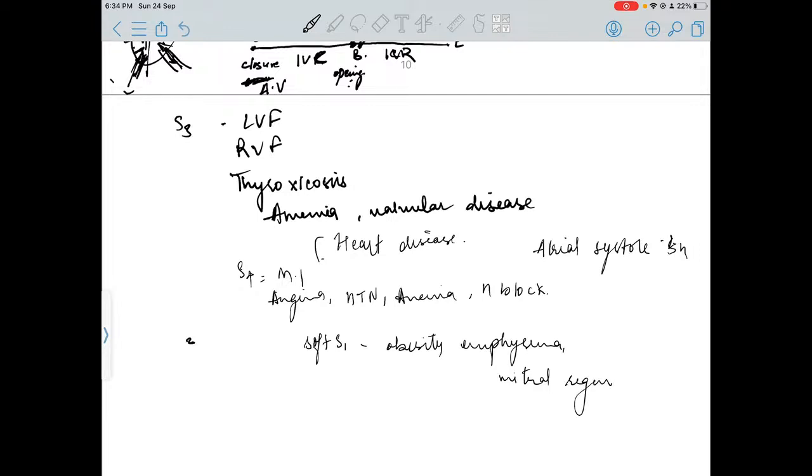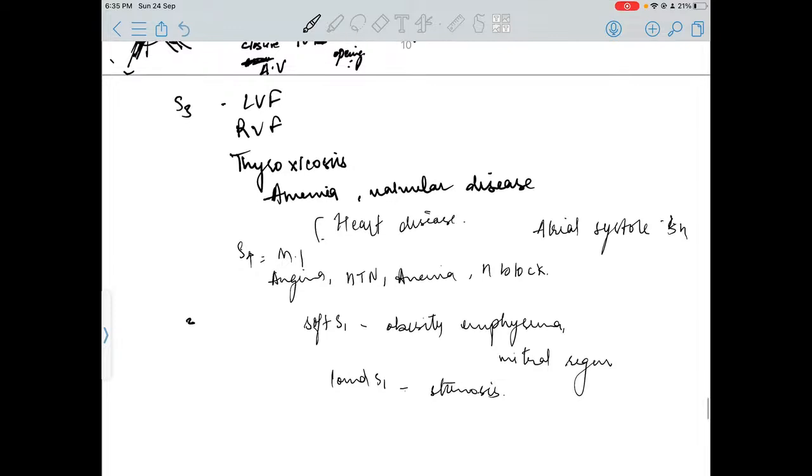Loud S1 will be in stenosis, both mitral stenosis and tricuspid stenosis. Opening snap will be more in mitral stenosis, and ejection click will be more in aortic and pulmonary stenosis.